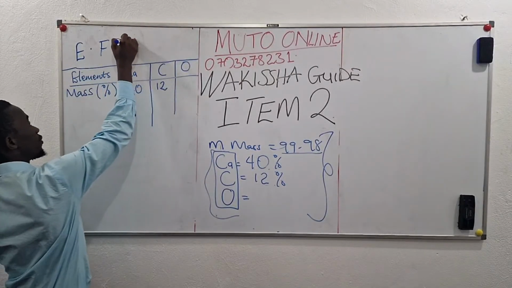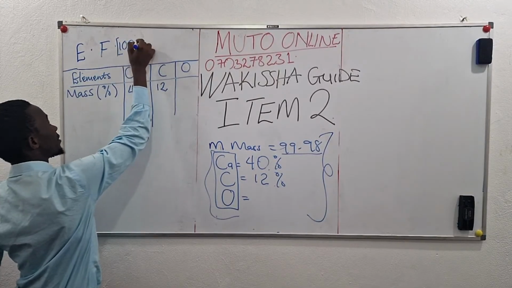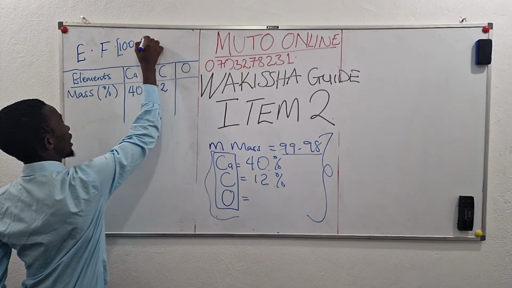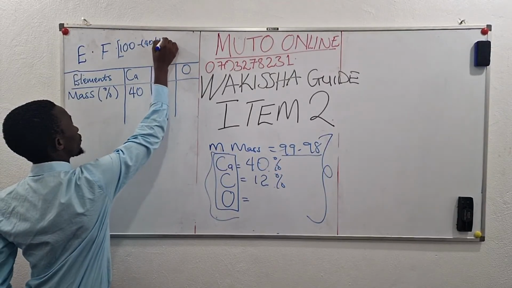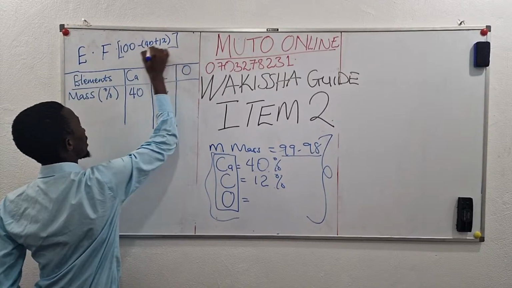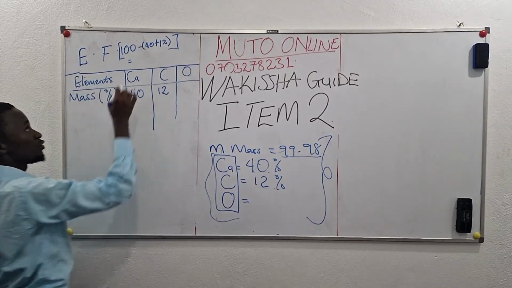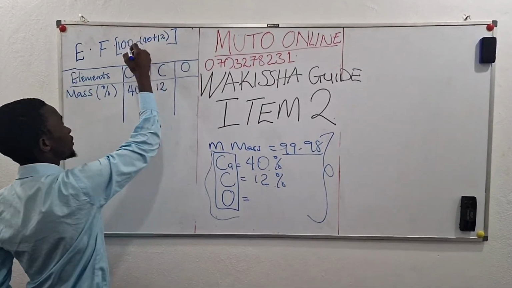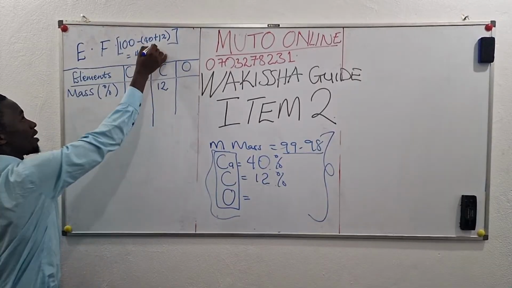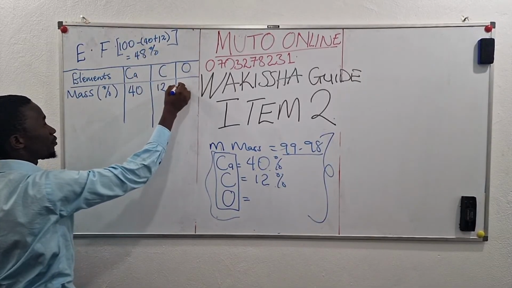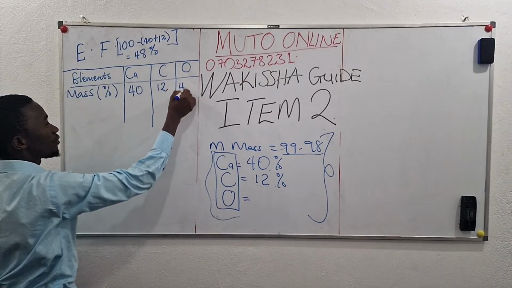So to get oxygen, we get 100, which is the total percentage, and subtract that of calcium, 40, plus that of carbon, 12. So it will be 100 minus 52, leaving behind 48%. That means oxygen alone is 48%.